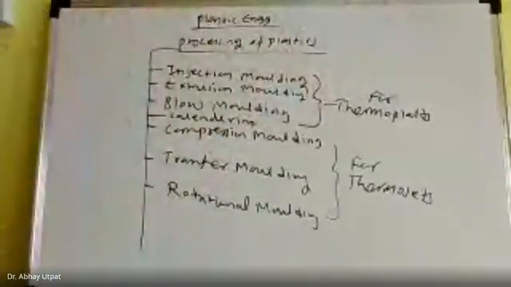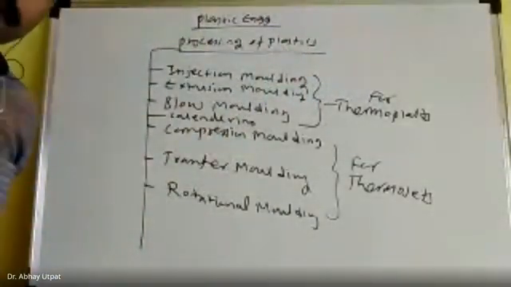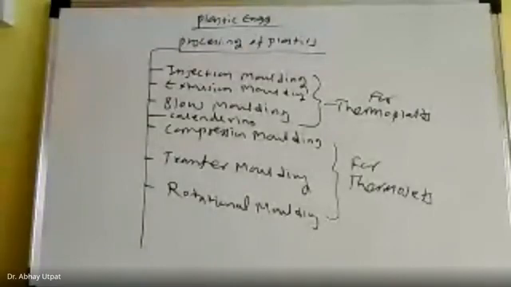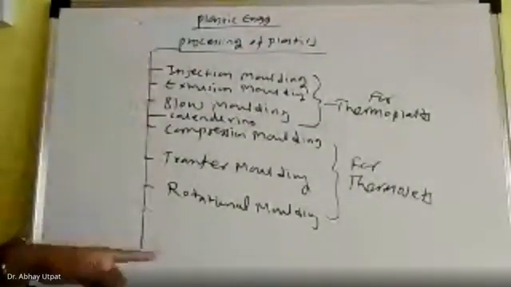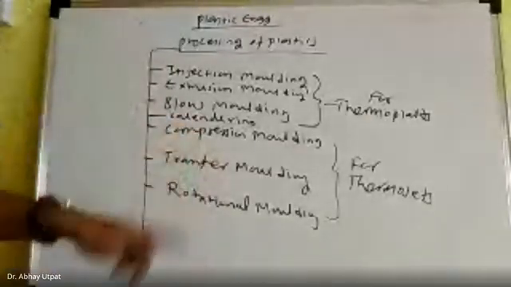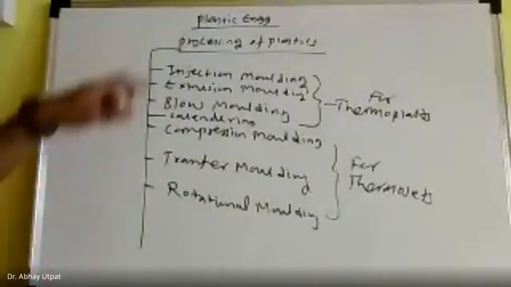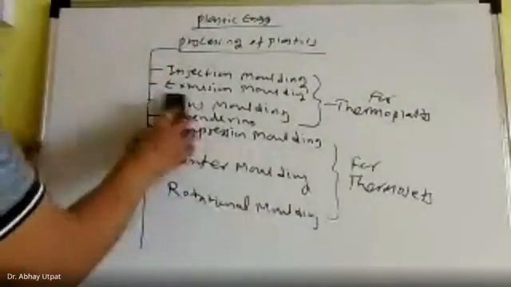So such big water tanks made of plastic, and maybe similar other components, are manufactured by molding processes. Which are these molding processes? We are going to cover these molding processes today one by one. Out of these, the first molding process which we are going to cover is the injection molding process.